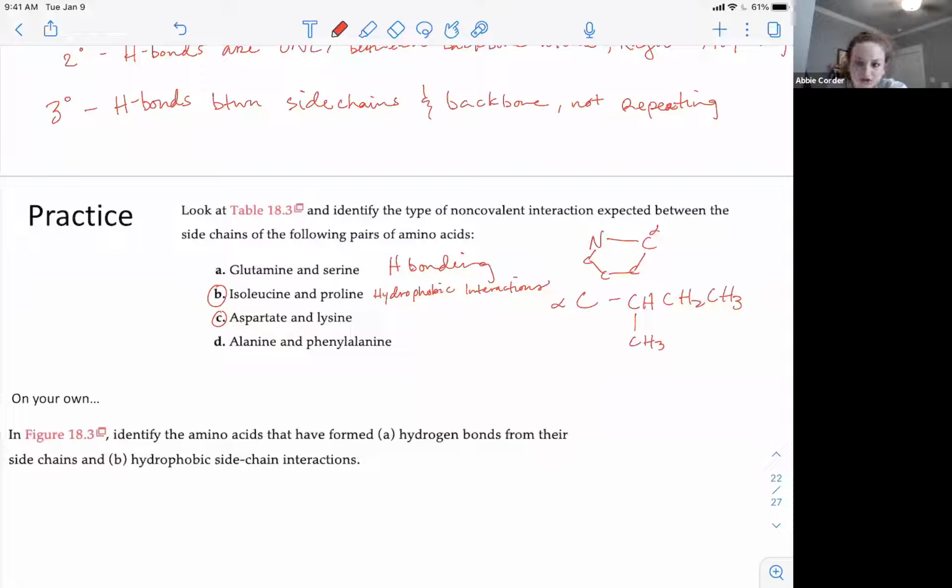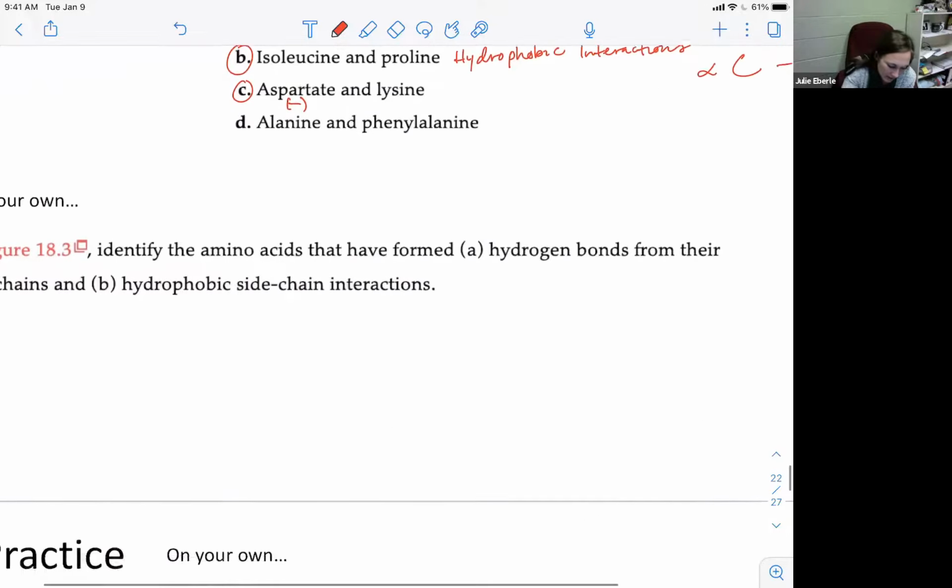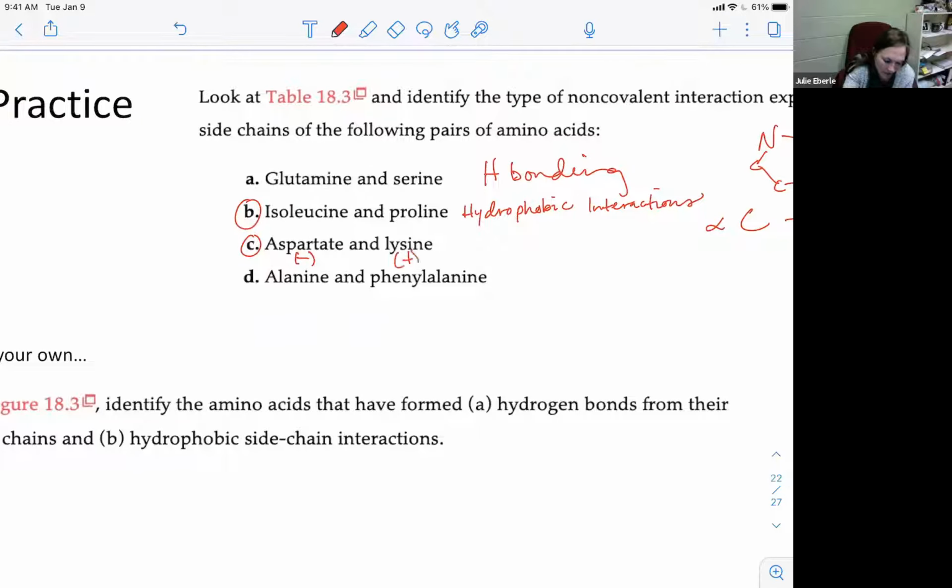Is it a salt bridge? Yes, Abby. So aspartate has a negative charge associated with its side chain. Lysine has a positive charge associated with its side chain. So we get a salt bridge here.